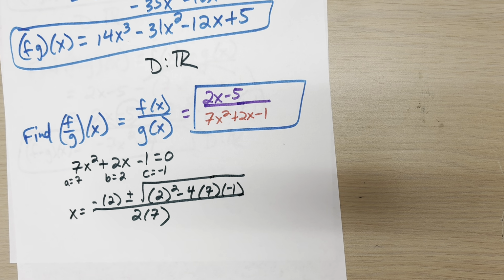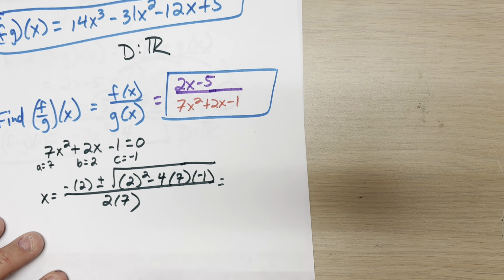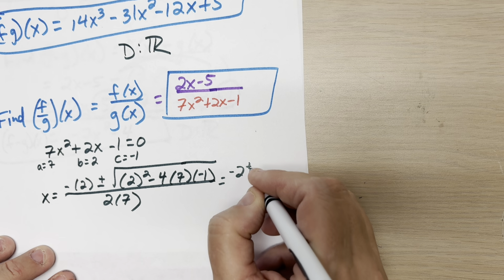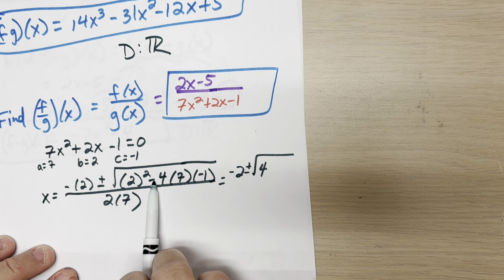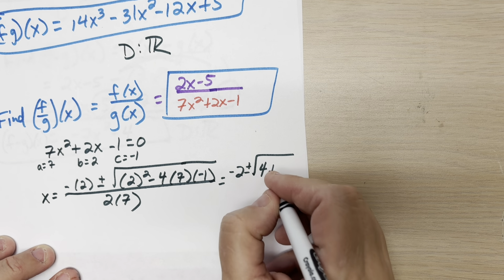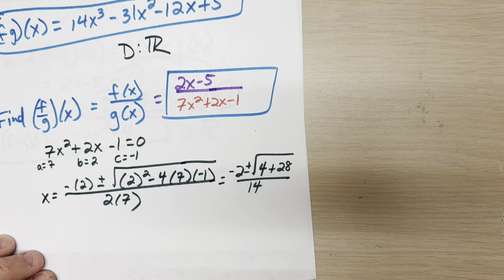Once you have the substitution, you can start simplifying some things. This will give us a -2 plus or minus. This is 4. When I multiply all this stuff, I'm going to get 28. 2 times 7 is 14.